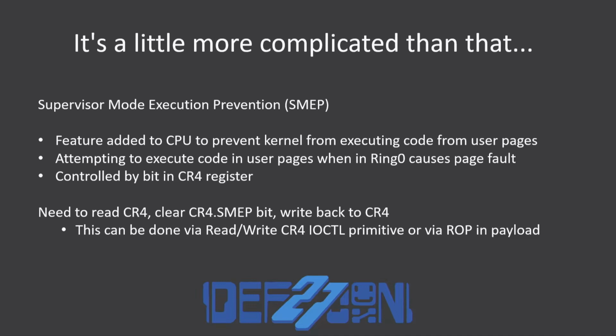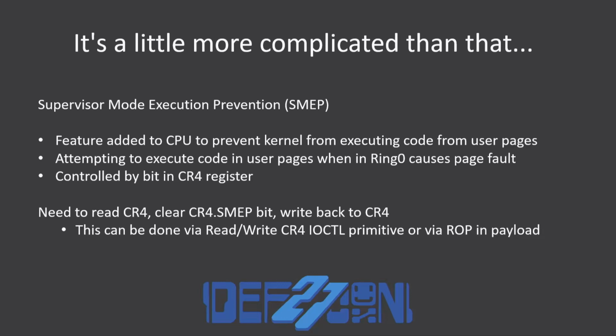There have been a lot of bugs where you could get the kernel to jump to your pointer, and they added this feature to the CPU, I think in Sandy Bridge, maybe Ivy Bridge. It's essentially a feature where if the CPU is executing in ring 0 and it does a code fetch to a page that's in a user mapping, it'll cause a fault.